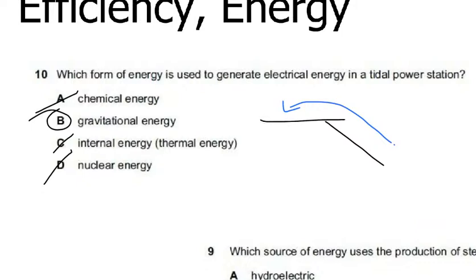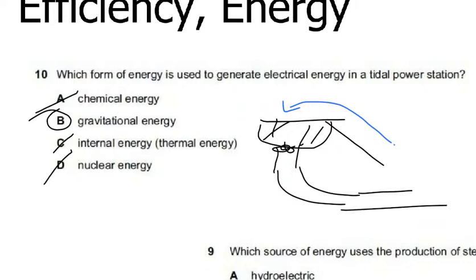If you remember this, they go down into a reservoir here, and then there's a turbine outlet and a turbine inside here that spins. That's basically how it works, and then it goes back out to the ocean. So that's the idea of a tidal power station, if you don't remember that.